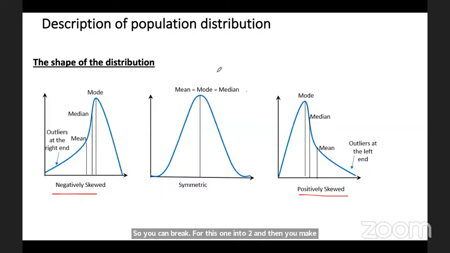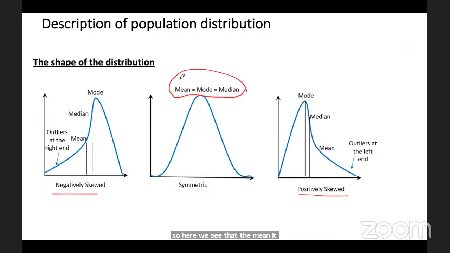So here we see that the mean equals the mode equals the median. And here you see that the mode is the one at top, followed by the median and followed by the mean. So the outliers are here, while here the mode is still on top, then the median, and then the mean.